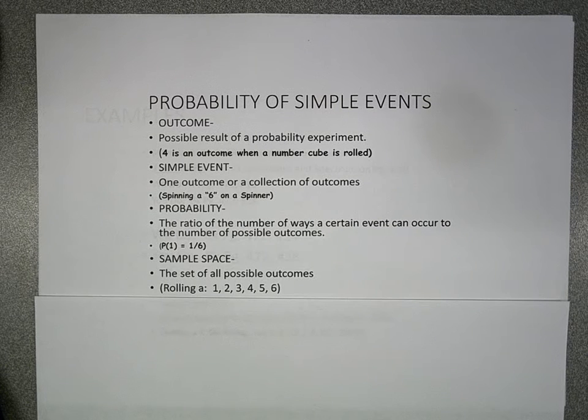It's a set, a listing of all of the different things that can happen. You can roll any of those. A sample space, by the way, is not how many are in it. The sample space is the actual things that can pop up when you're playing the game. All the different outcomes, not how many outcomes there are.